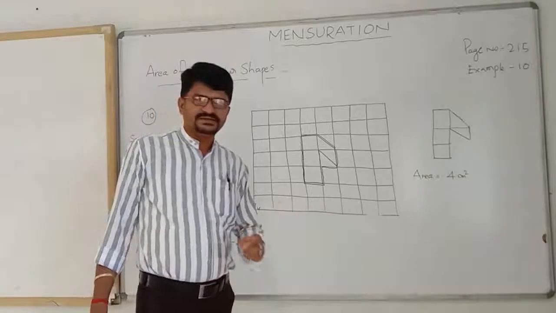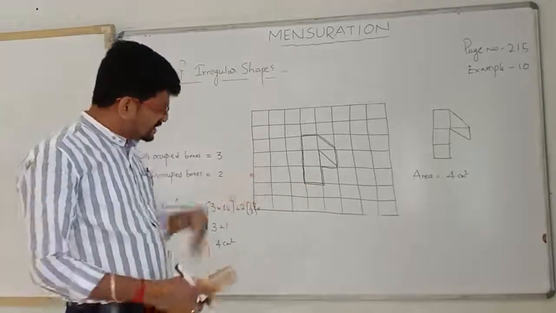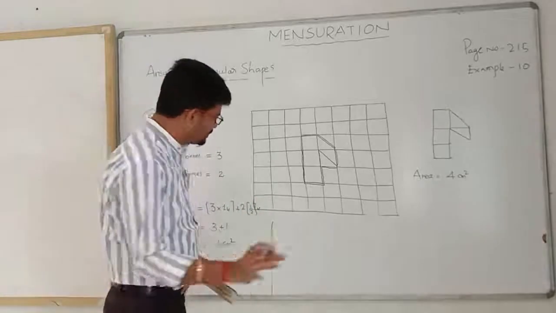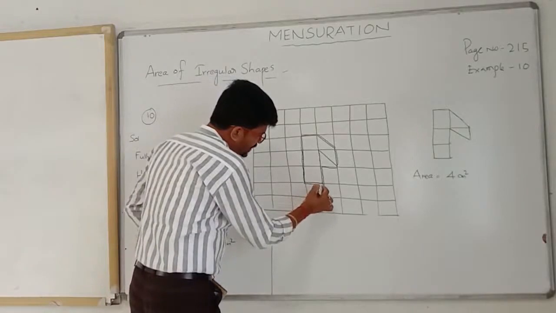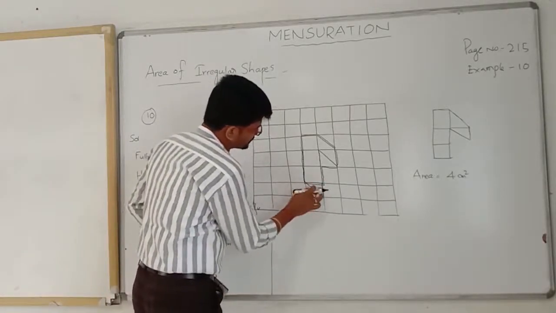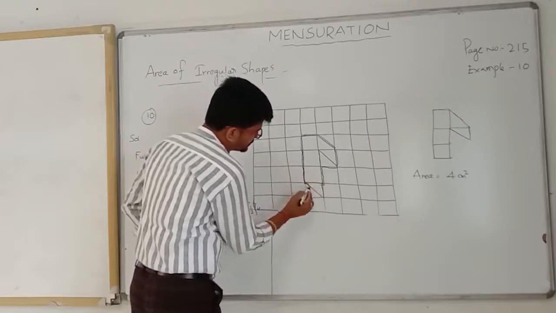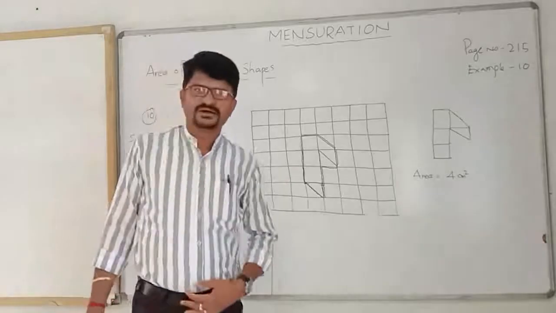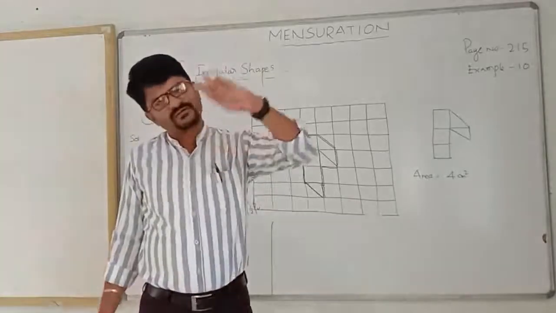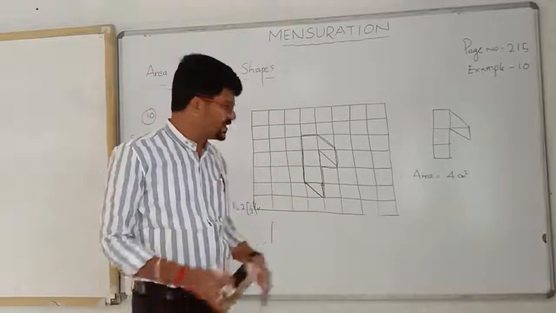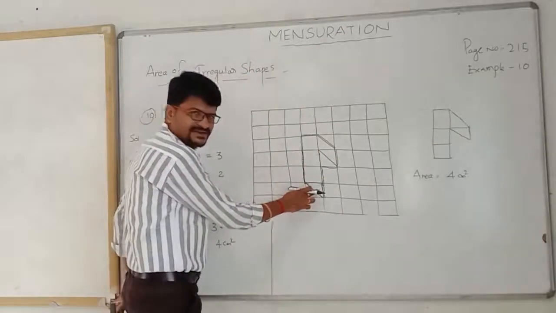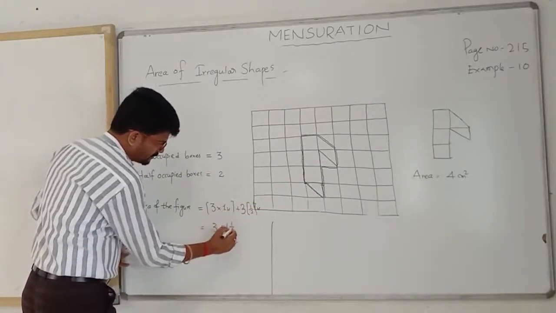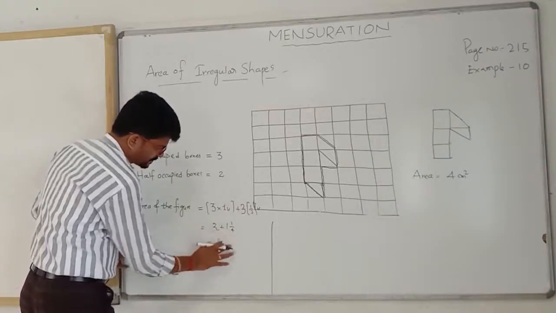Children, actually this one is completed now. The second sum you can do in this only. Another problem, the same diagram is given up to like this. Actually I have drawn a wrong diagram here. Okay, let it be. That was one problem, and now this is the second problem. One more half box is added. One more half box added means now again 3, again 1.5, so 4.5.